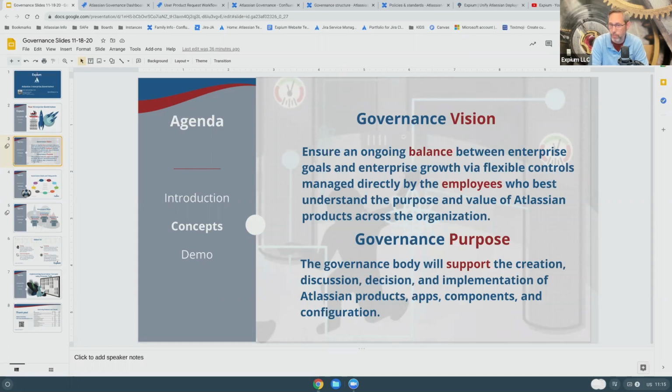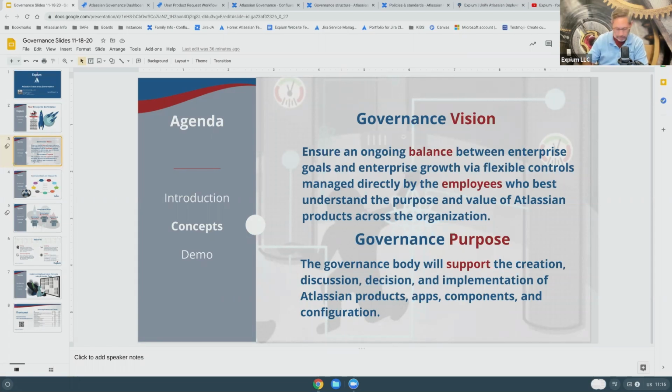So if you bring in Tempo timesheets and you have 10,000 users, you're paying for 10,000 users in Tempo timesheets as well. So governance needs to play a role in making decisions around application buy-ins, components, configuration, what parts of your Atlassian products are standardized versus customized across different teams and groups. Lots of different things are going to need to be talked about within this governance team, and they're going to need to be coordinated across the governance team.